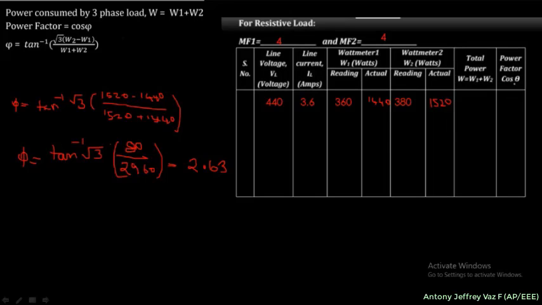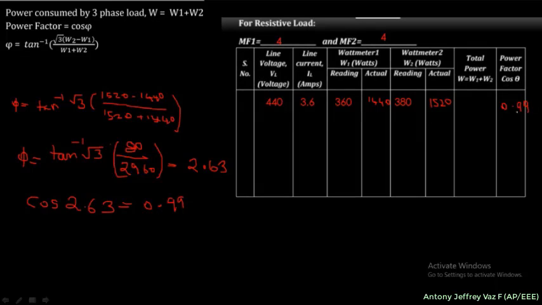Then you need the cos phi value. Cos of 2.63 will give you a value of 0.99. To find tan inverse, you can use a scientific calculator. Here the cos value is 0.99.